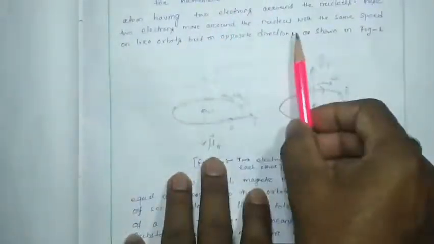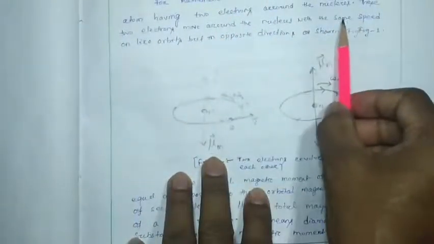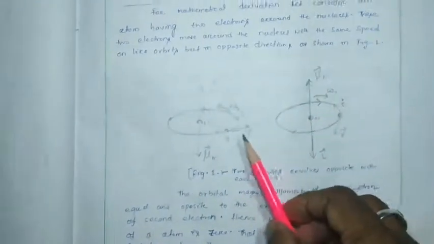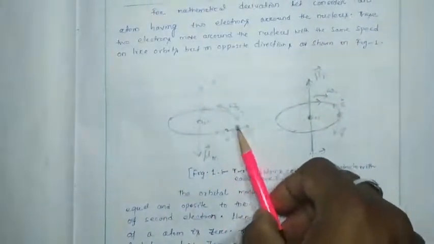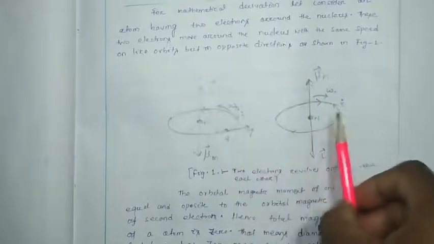This is the situation, and here the tangential velocity is v, the same speed. So the instantaneous speed is the same for this electron and this electron.